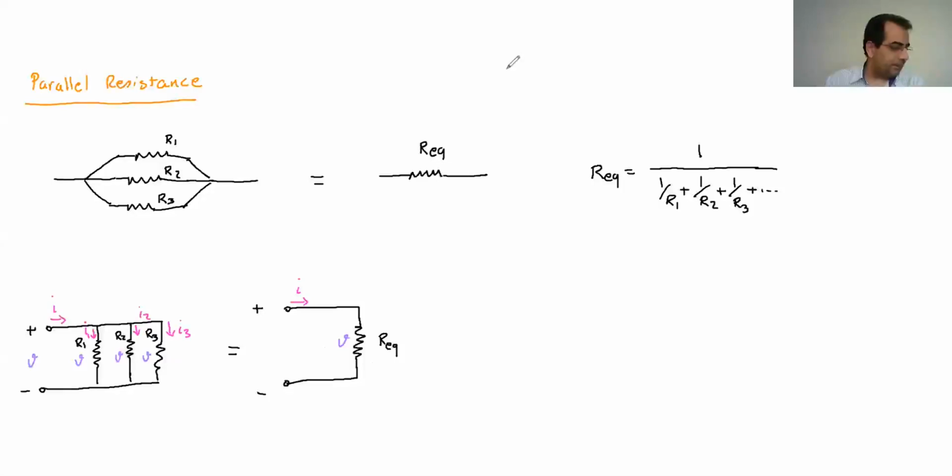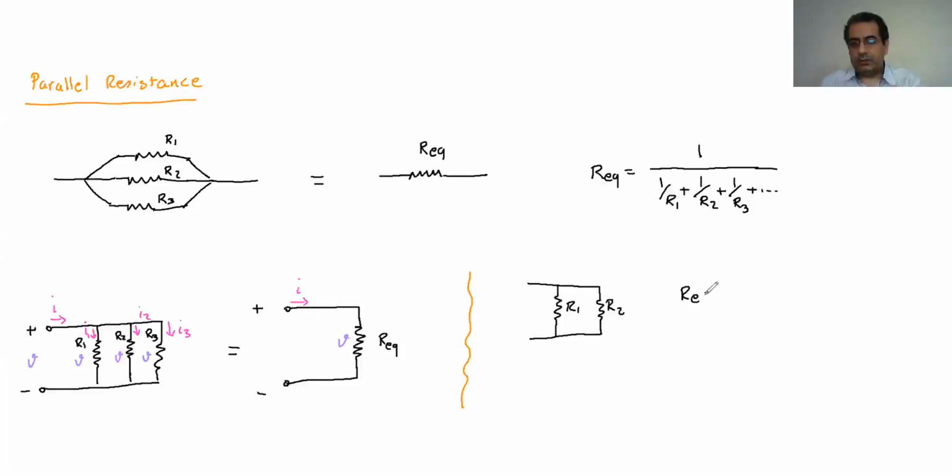One case, which you don't need to memorize but it's good to know and sometimes very handy, is if you have only two parallel resistances like that. Let me draw it. So you have R1 and then R2.